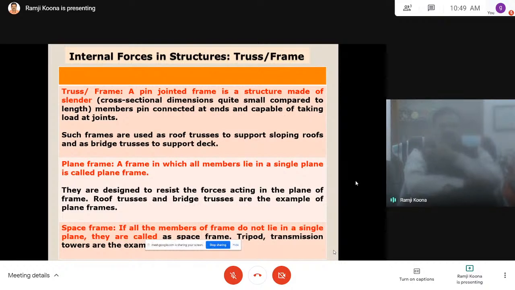In one frame the load is acting perpendicular to the axis, but with respect to another frame it may not be perpendicular. Then the entire structure is a frame now. Like that we have to consider. I will explain with some figures so you can clearly understand. See, that is the first part, the difference between a bar, beam, truss and frame.